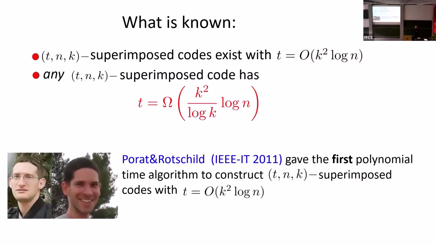Another important result is the first efficient algorithm to construct superimposed code with almost optimal length, so with the length k squared log n. And this was given by Porat and Rothschild in IEEE Transactions on Information Theory in 2011.